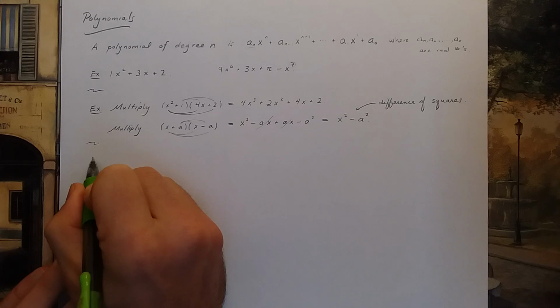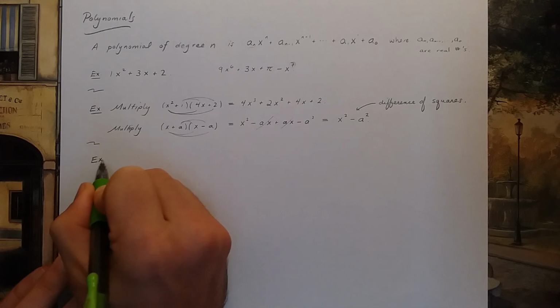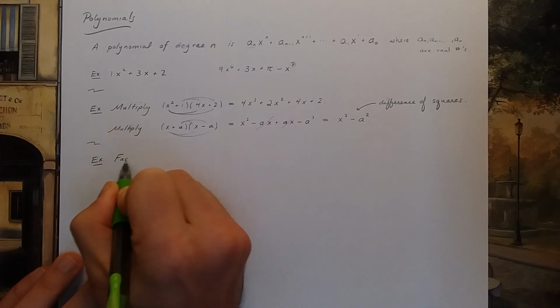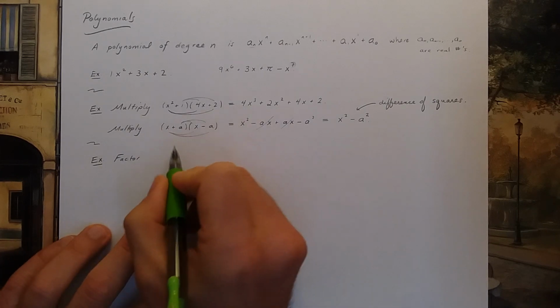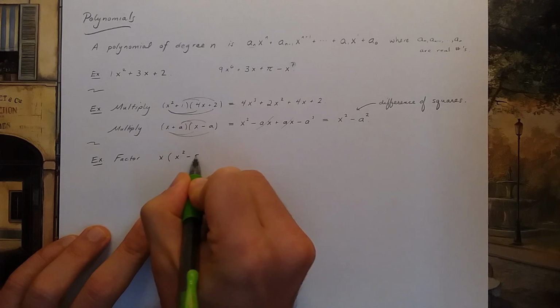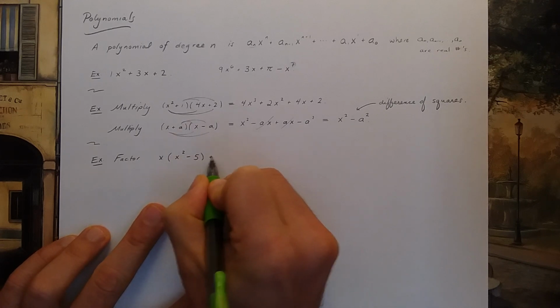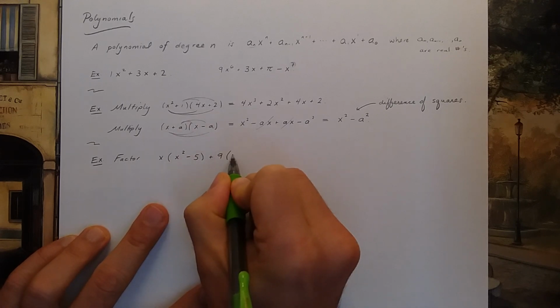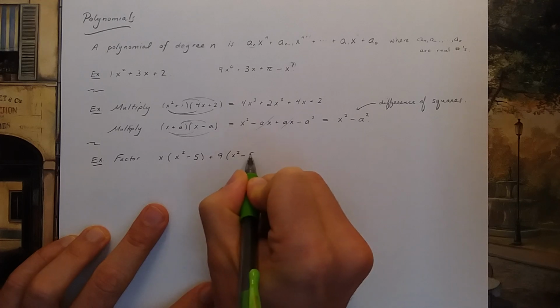Let's do a couple of factoring examples. So let's factor x times (x squared minus 5) plus 9 times (x squared minus 5).